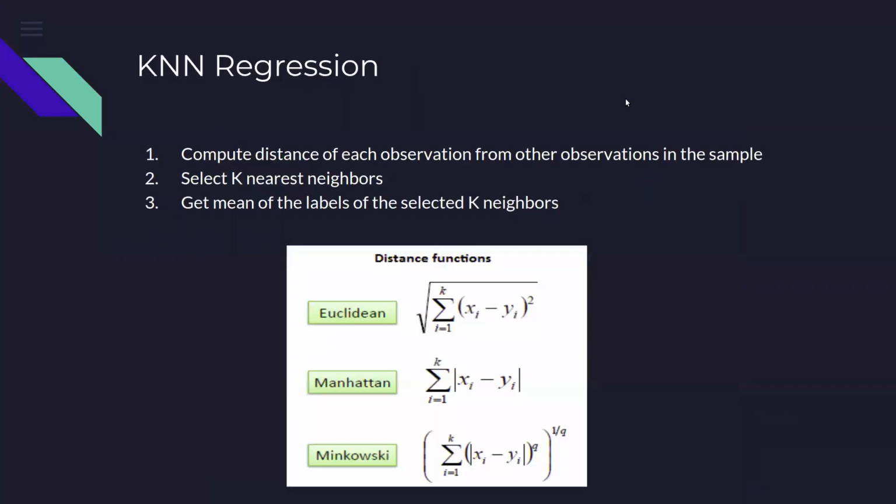Then we also talked about the k nearest neighbor regression. Now this one is very intuitive, but not very accurate. So it typically says that when we say k nearest neighbor, k is just denoting a number.